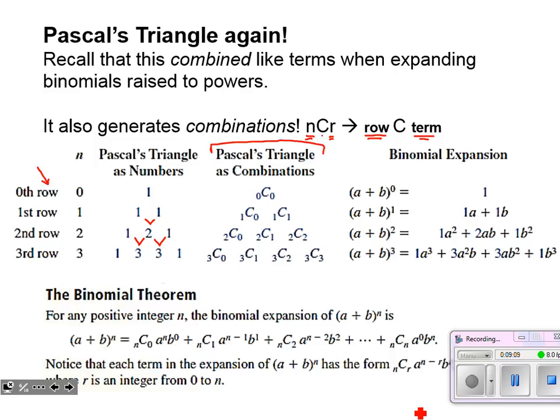They show it expressed as a combination as well. So if we wanted to calculate 3 choose 1, we go 0th, 1st, 2nd, 3rd row, choose the first term. So very quick way, if our combination has small numbers, Pascal's triangle can take care of a lot of that math for us.